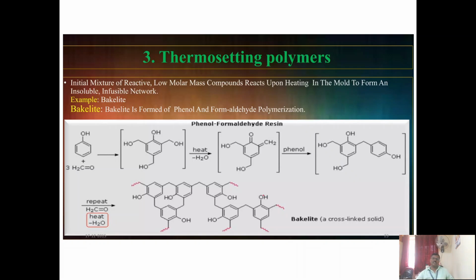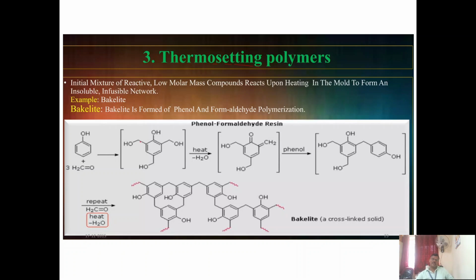And thermosetting polymers. For thermoplastics, you write the preparation of ethylene to polyethylene, styrene to polystyrene, and vinyl chloride to polyvinyl chloride. All are examples of thermoplastic polymers. Now, thermosetting polymers, one thing you should remember: thermosetting means very hard, very rigid, high tensile strength, good mechanical properties, which is needed for different applications.